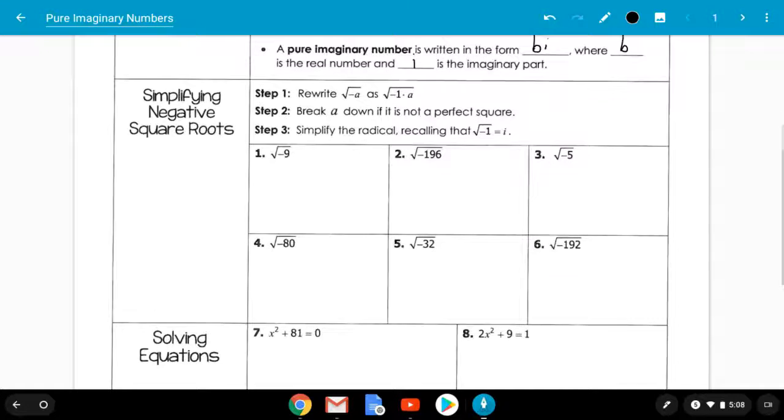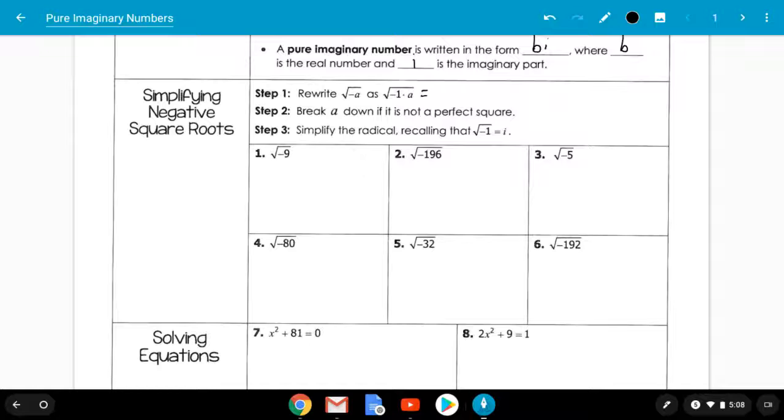If we look at the steps to simplify negative square roots, the first step says rewrite the square root of negative a as the square root of negative 1 times a. Remember the property of radicals where, if I'm multiplying two radicals, I can just multiply what's inside the radicals together to get one big radical.